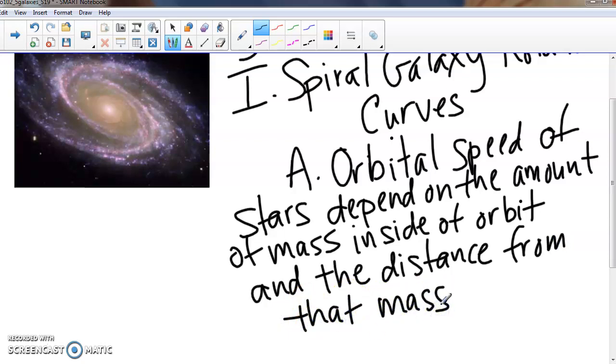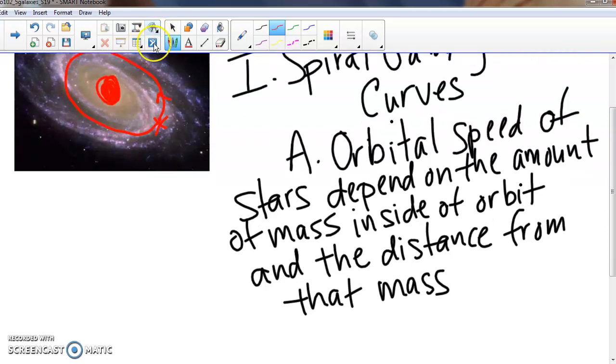Okay, so the idea is here, if we're out here in the Milky Way galaxy, we go around that galaxy, that's our orbit, and what's inside of that, and how far are we from it? Most of the mass of the galaxy is here in the center, in the bulge, so are we close to that? Are we far away from that? Are there a lot of stars? Are we most of the bulge inside of our orbit, or just part of the bulge inside of our orbit? Okay, so that's the idea there.